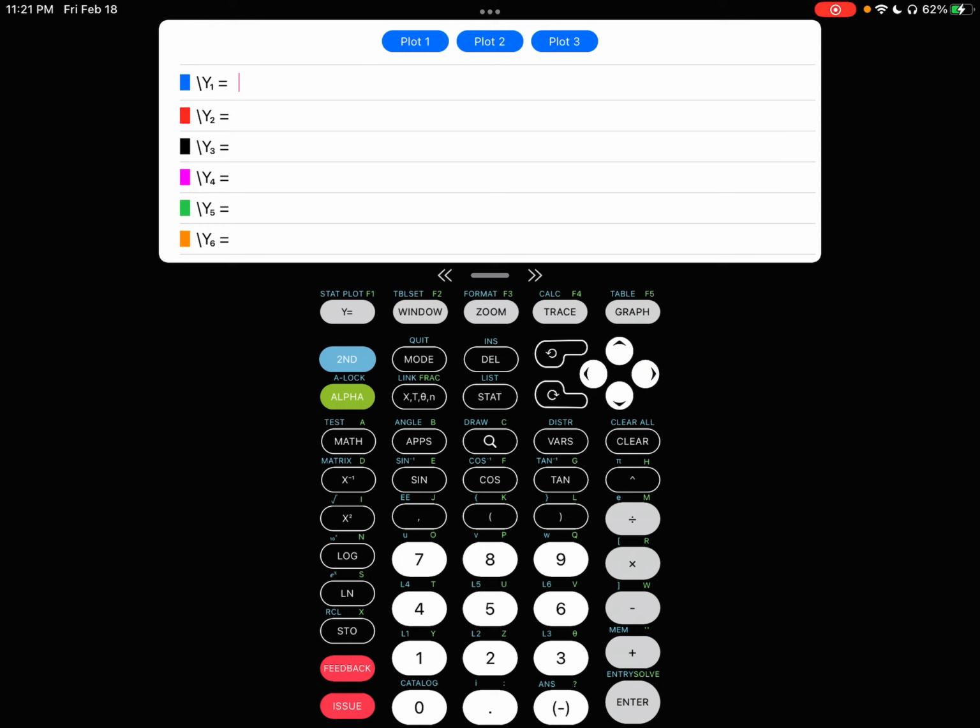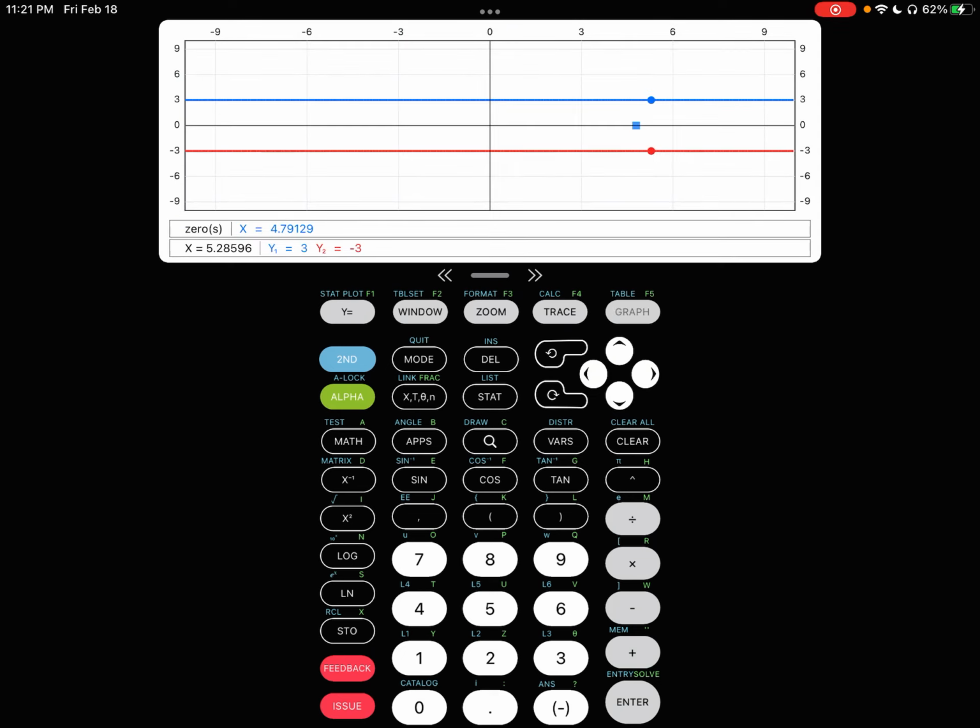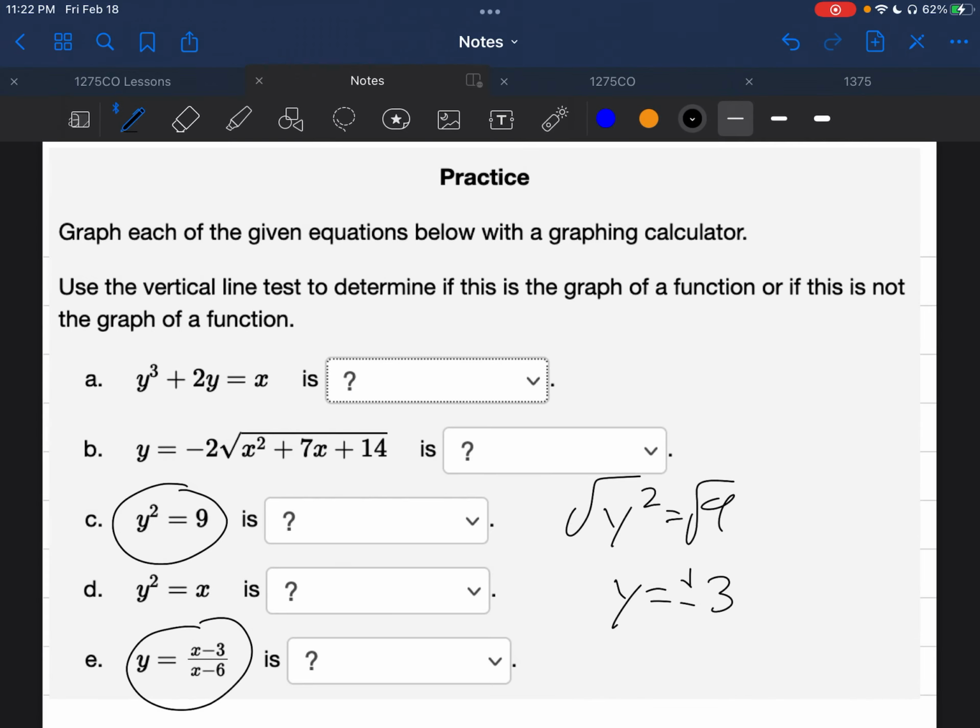Let's clear this off. y1 is equal to positive 3. y2 is equal to negative 3. And then we can graph this. Is this a function? Does this pass the vertical line test? And then you can answer it in web work here.